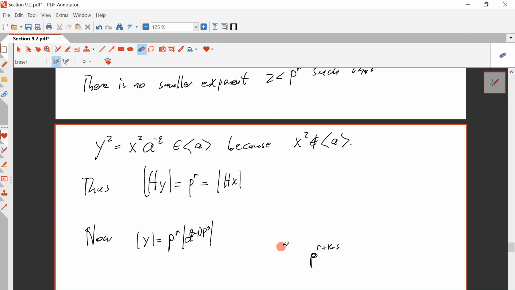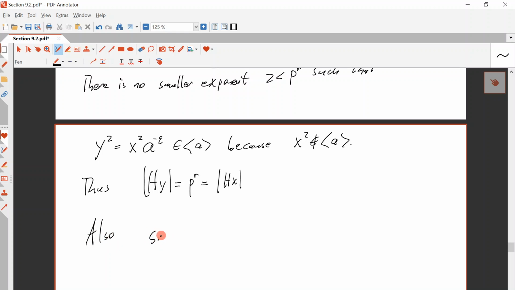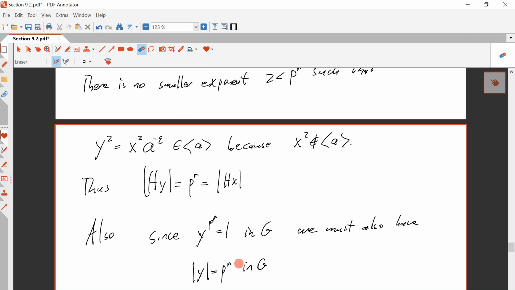Now, also, since y to the p to the r is equal to 1 in G, we must have that the order of y is equal to p to the r in G.